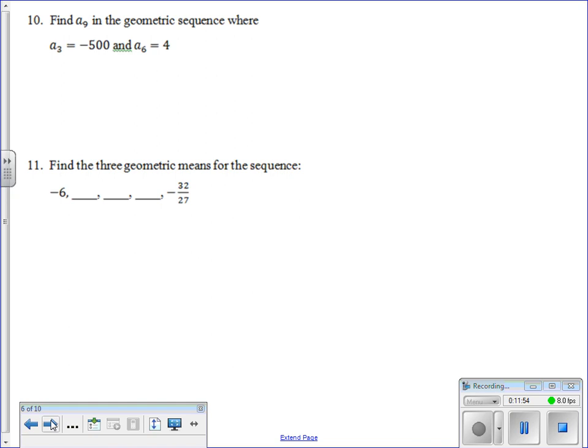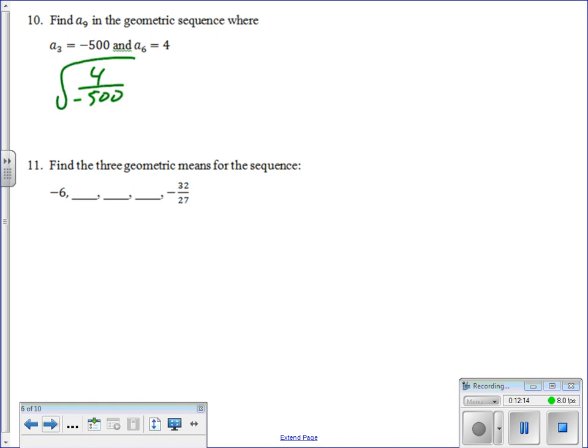Find a sub 9 in the geometric sequence, where you're given the first and the fourth. This is the same idea we did before. The easiest way to do this is to figure out r. So I take the last one, divide it by the one in front.